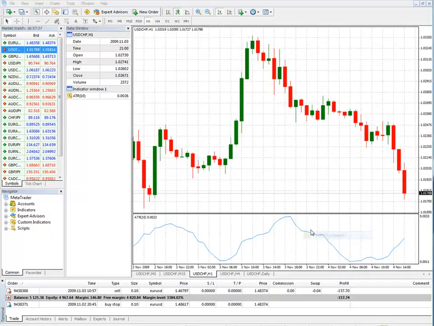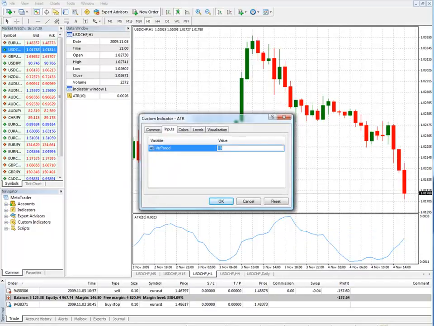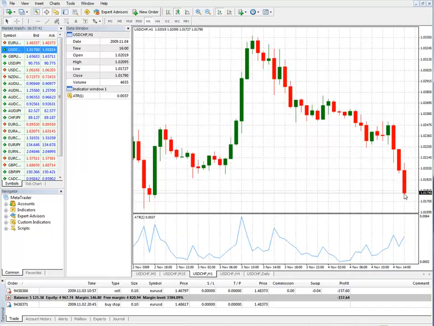Okay, I'm going to reduce this again. Okay, here we go. So 37. You can see the various sizes of the pips there. 37.